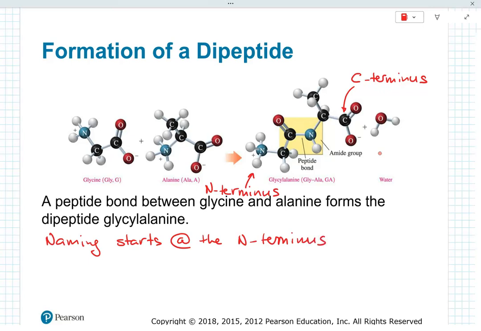Okay? So the first amino acid on the N-terminus is glycine. So we change glycine to glycyl. And then the amino acid on the C-terminus is alanine. We do not change it. Glycyl alanine.